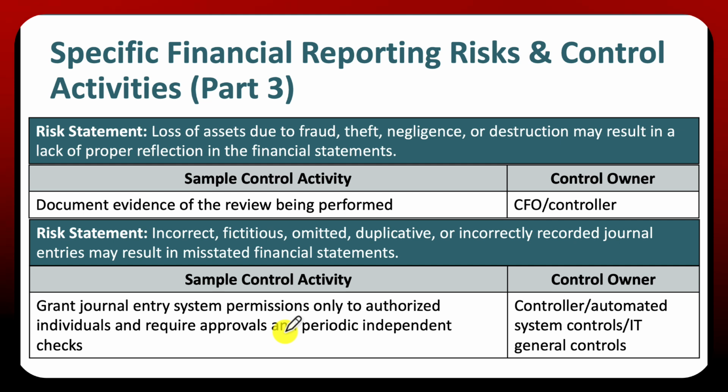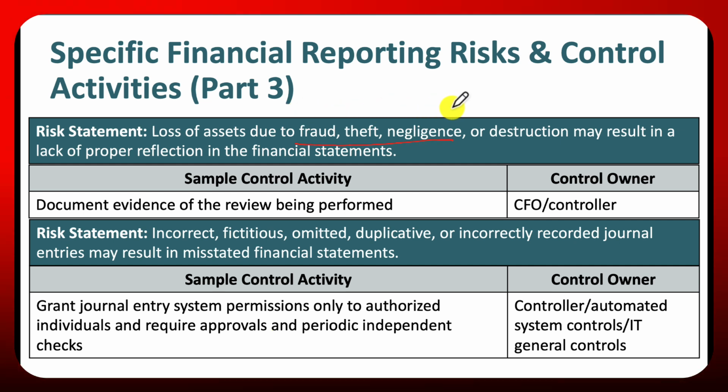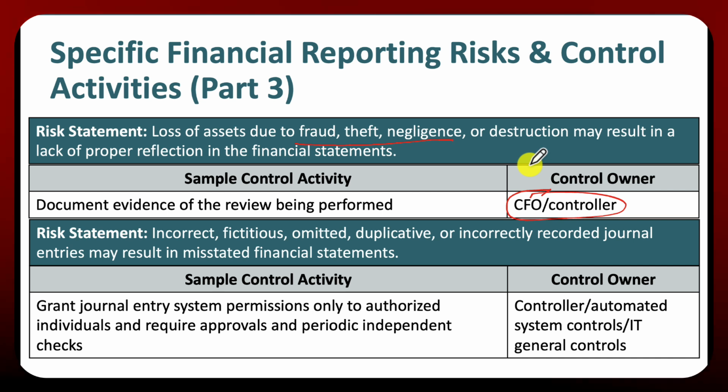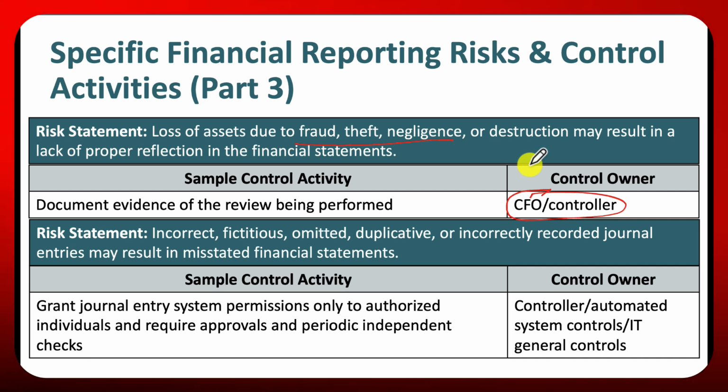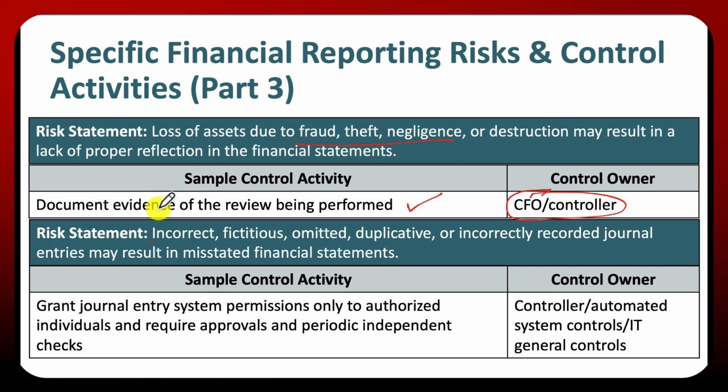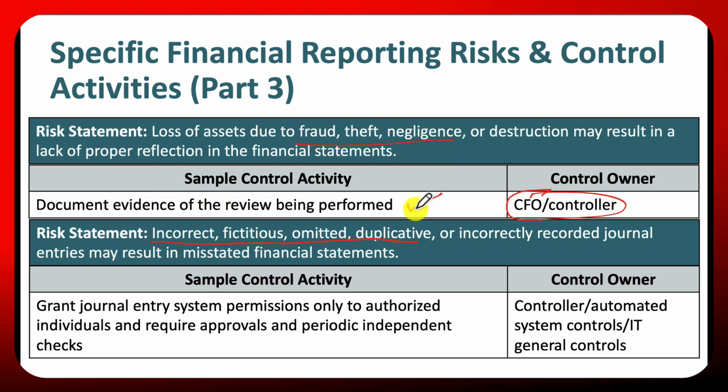Again, dealing with the loss of assets, right? Whether it's for fraud or theft or negligence, we might also have the CFO or controller document evidence that this review was actually performed.